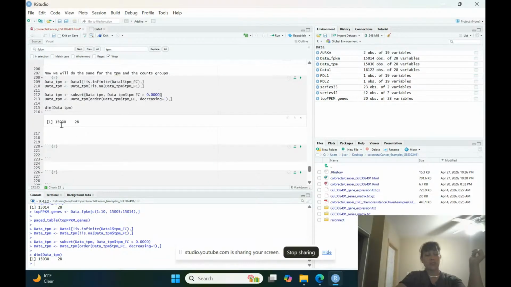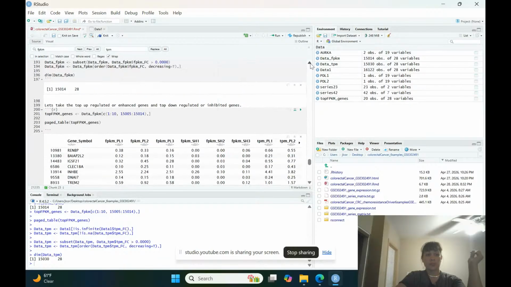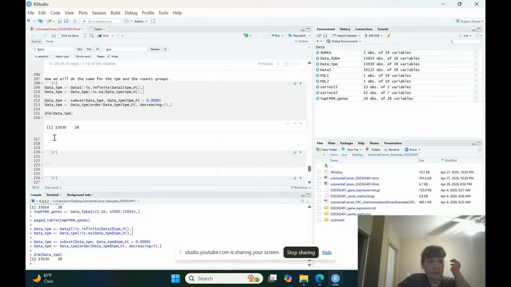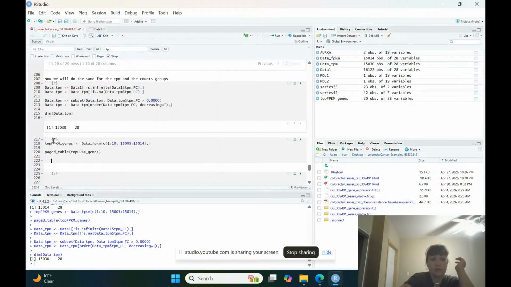Okay, and this one has some reduced rows too. We're going to copy and paste the last one as well. And we're just going to do the same replacement.